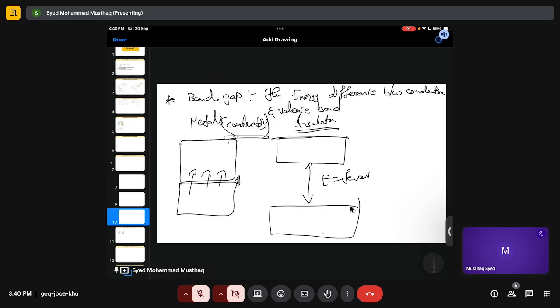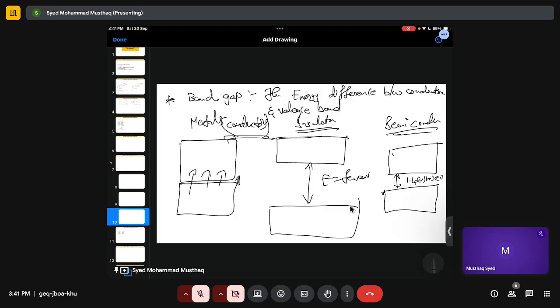I do not know the exact number, but yeah. And then you have semiconductors. The definition itself is the same. The gap is very small compared to insulators, but higher compared to metal conductors. For silicon it may be 1.4 or 1.3 electron volts. I do not know the exact number.